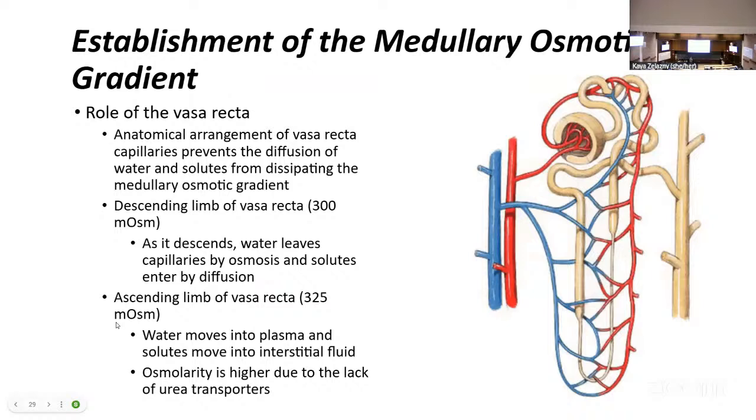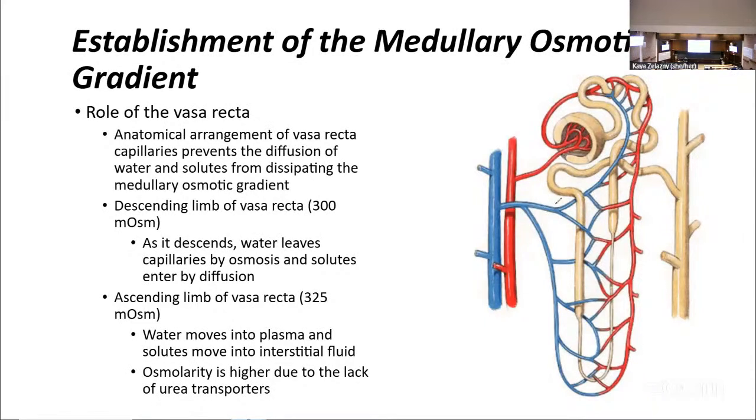The other thing we might think about are the vasorecta. The vasorecta are the name for the straight parts of the blood flow next to the loop of Henle. So we had the proximal tubule here with peritubular capillaries next to it.